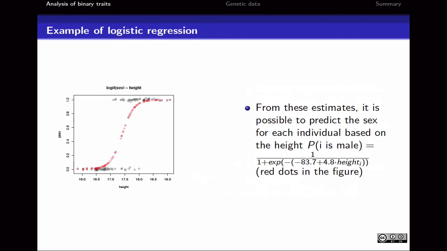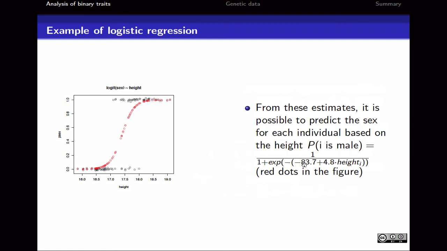And while it's difficult to make a physical interpretation of these parameters, from those estimates it's very, very easy to predict, to build a predictive model. So we know that according to the logistic model, the probability of a certain individual to have value 1, in our case this is the probability of being male because we code it as 1, follows the logistic model, and we know the parameters.